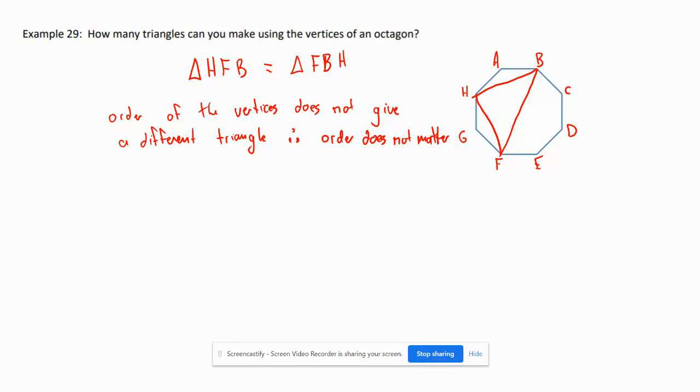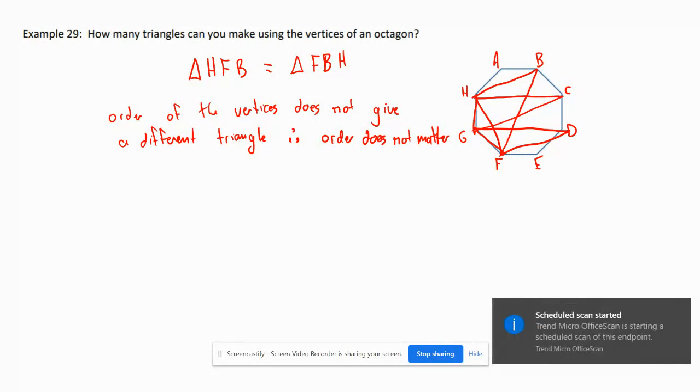So therefore, we're measuring combinations. We're measuring groups. Okay, so here would be one triangle, but this would be a different triangle. If I want GFD, that would be a different triangle, and if I want GHC, that would be a different triangle, and so forth. So in this case, we have 8 vertices, and we need 3 of them in order to make a triangle.